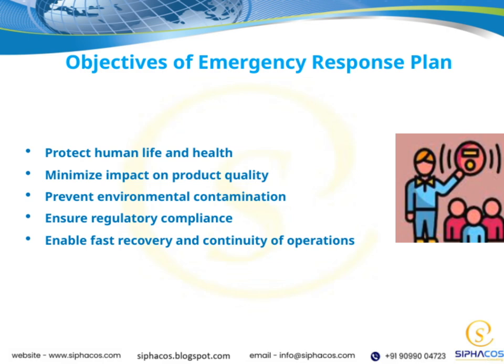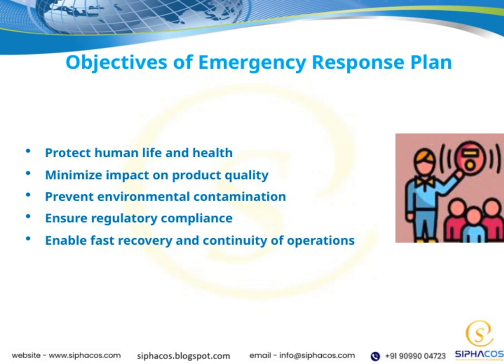Finally, enabling fast recovery and maintaining continuity of operations is critical. We want to resume our normal activities as quickly as possible, minimizing downtime and ensuring that our business keeps running smoothly. Overall, these objectives guide us in preparing for emergencies in a way that prioritizes safety, quality, environmental responsibility, compliance, and resilience.